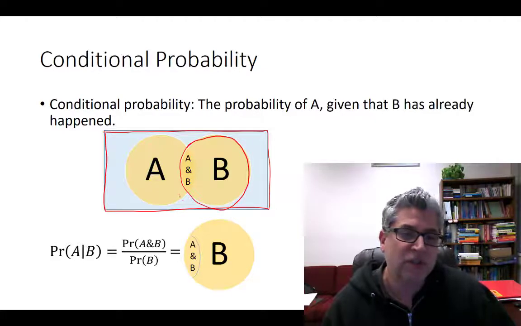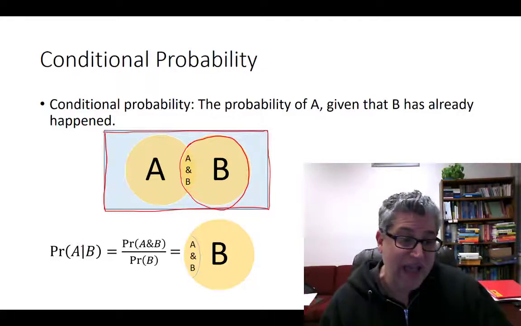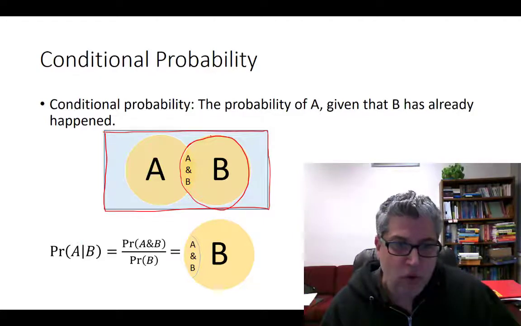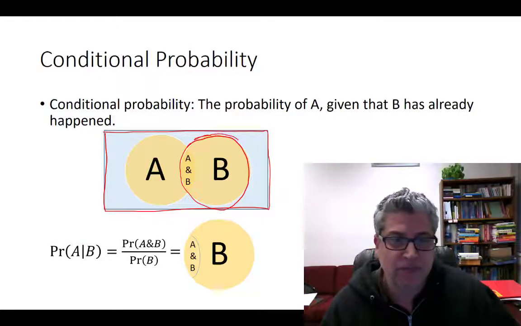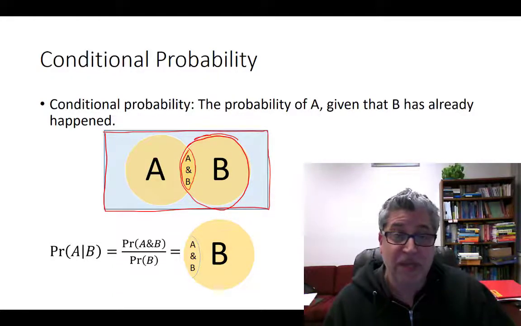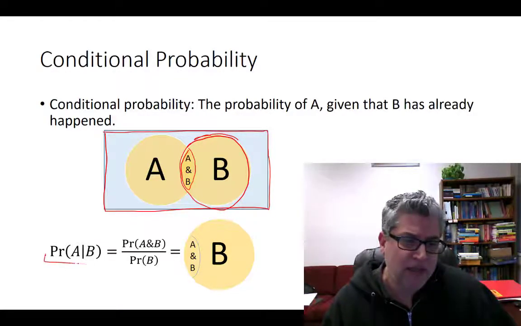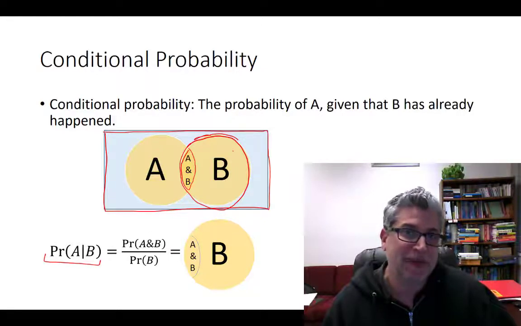So if I want to know the probability of A, now that I know that B happened, well, I can only look inside this circle. The only place that A happens is here, where A and B happened. So in math, what's the probability that A happens given that I'm restricting my sample space to B?